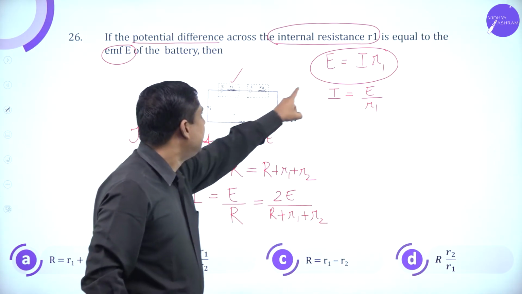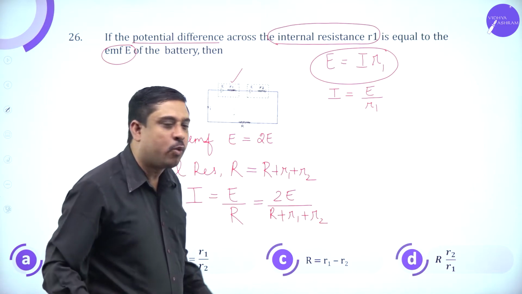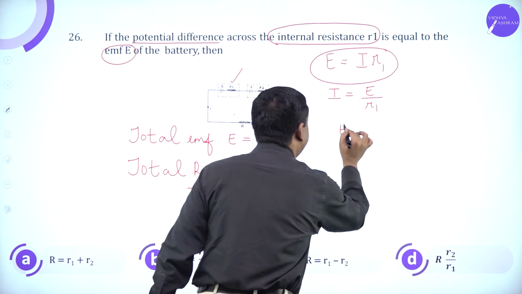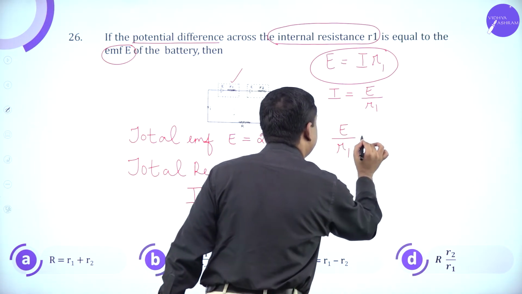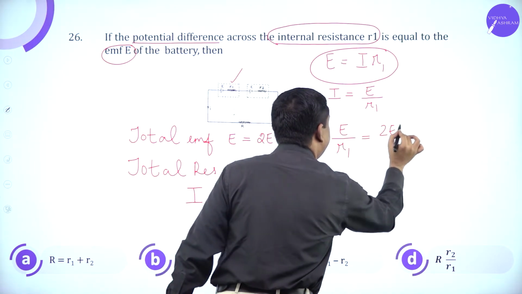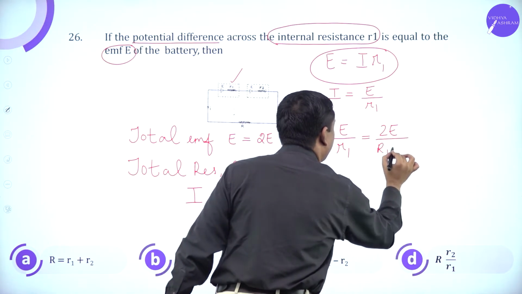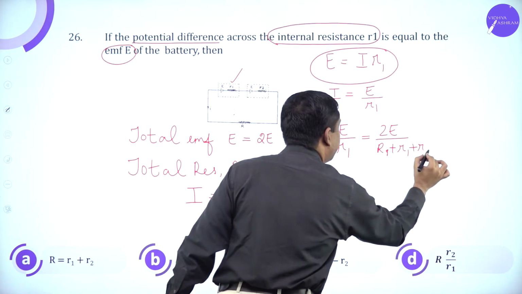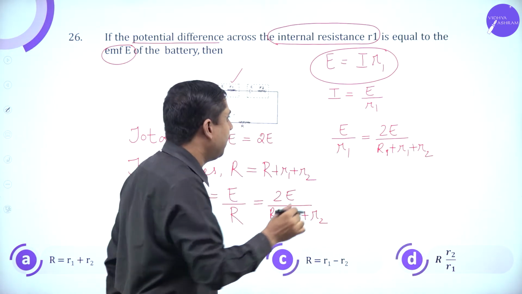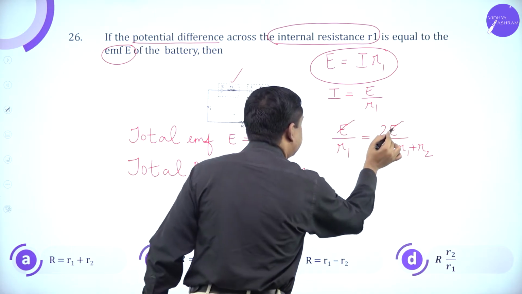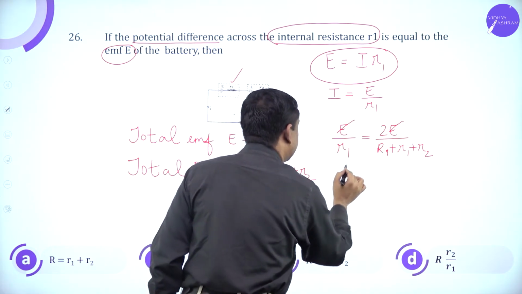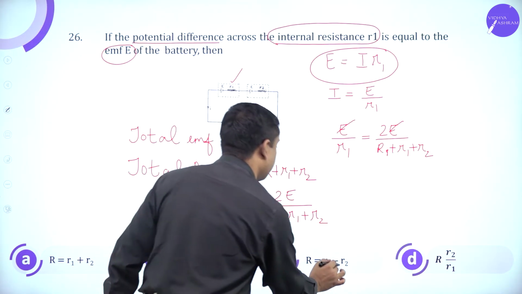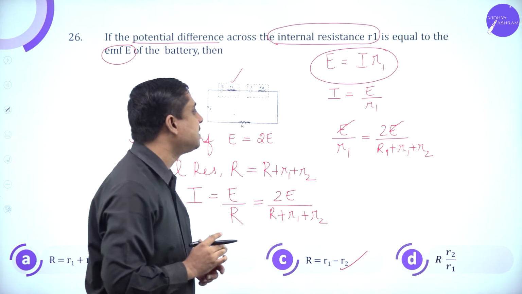Here is one I, and here is another I. Let us equate them and substitute. So we have E divided by R1 is 2E divided by R1 plus R plus R1 plus R2. E and E cancel. So when you simplify, it turns out to be R1 minus R2.